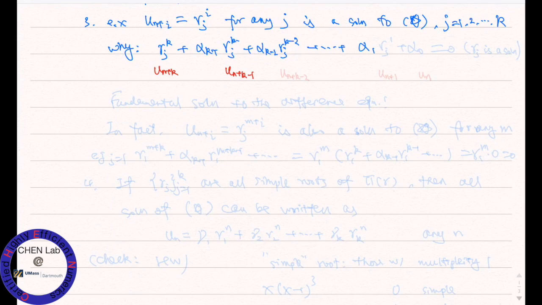In the end, alpha_1 r_j plus alpha_0, and those are the corresponding values.